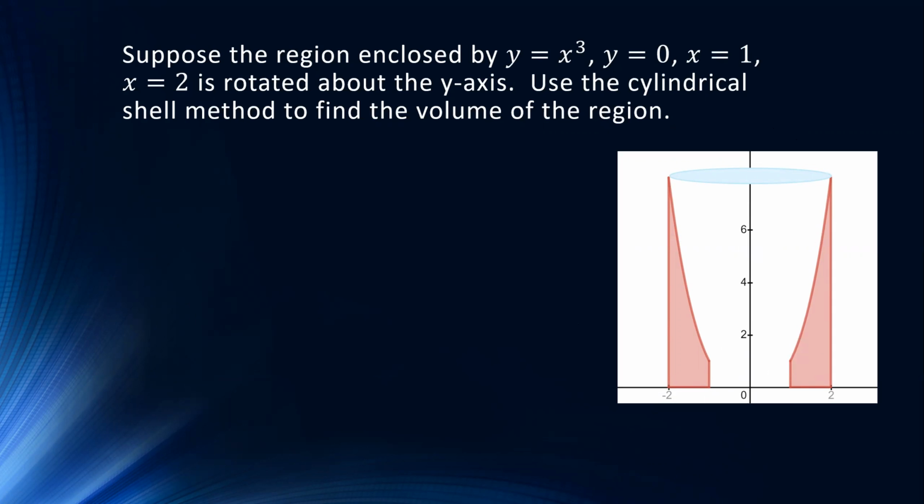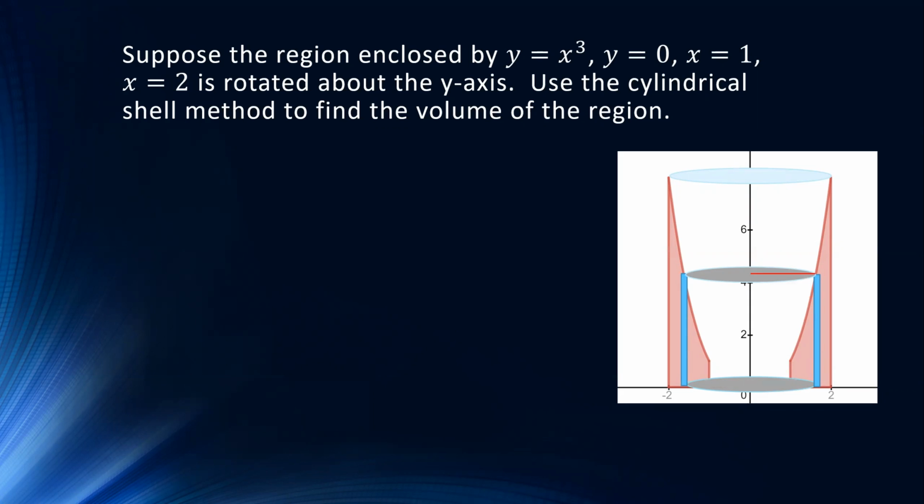So by shells, right? Let's think about one rectangular slice in that region, and then we rotate this to get a cylinder-looking shell. In order to find the volume of that one shell, we need the radius.